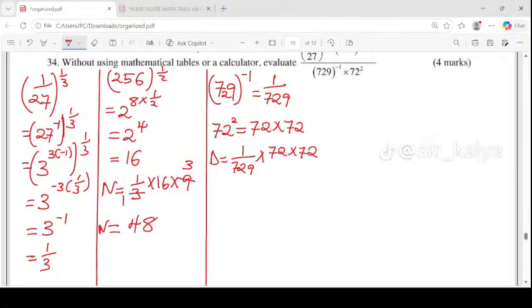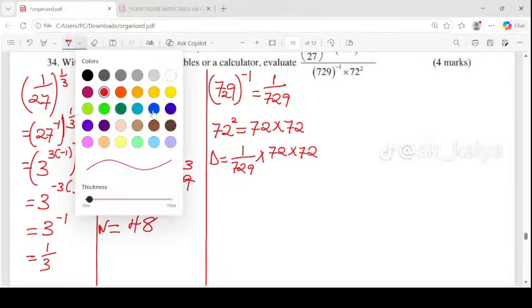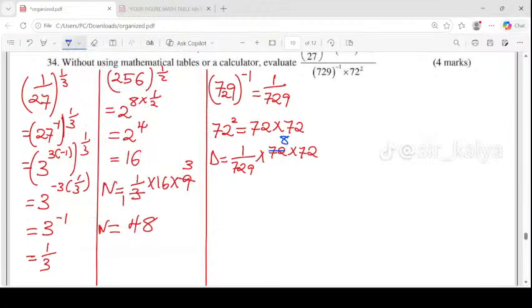Let us try to simplify. 9 into 72, it is 8. 9 into 729 is 81. 9 here is 9. 9 into 72, it is 8.